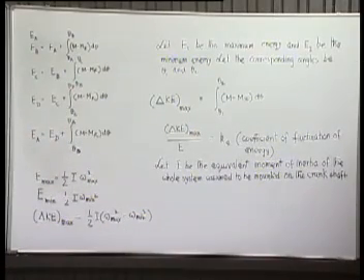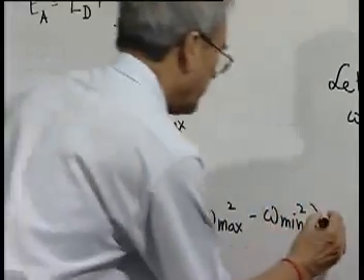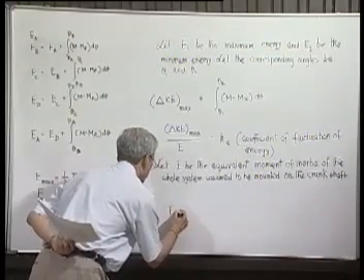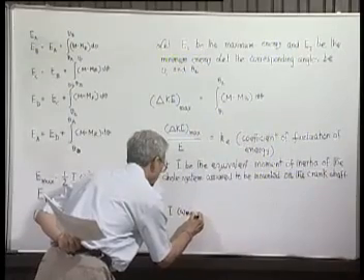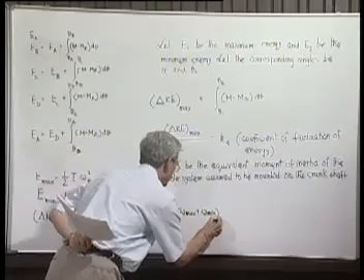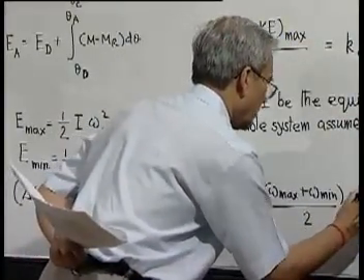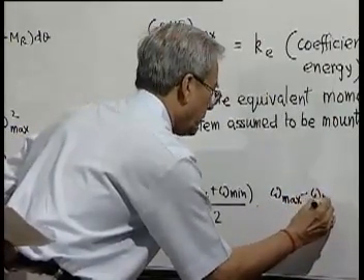It is nothing but the difference between the maximum and minimum kinetic energy. This can be written in this form: I into omega max plus omega mean by 2, into omega max minus omega mean.